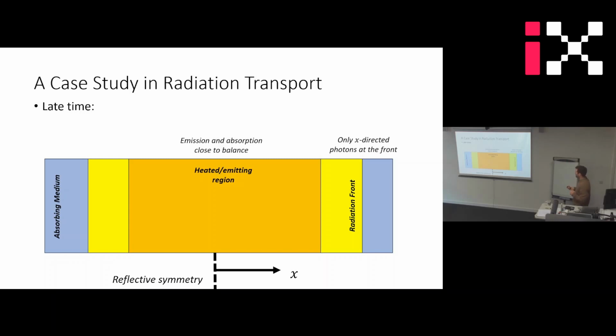And the reason why this was particularly interesting is because the late time behavior, when it's relaxing, should relax to diffusion. So because we want to train flux-limited diffusion, ensuring that we get the late time behavior correct is ensuring that the thing we solve still actually gets diffusion correct, and we don't get rid of the useful bit of flux-limited diffusion.